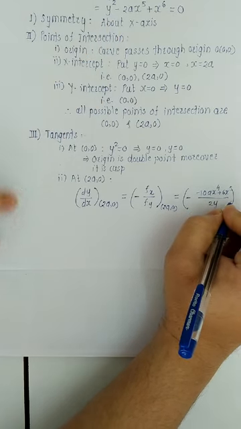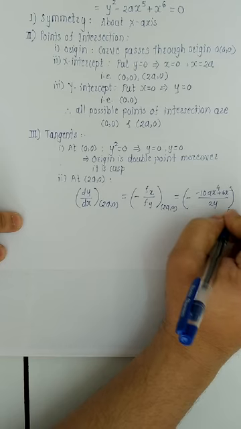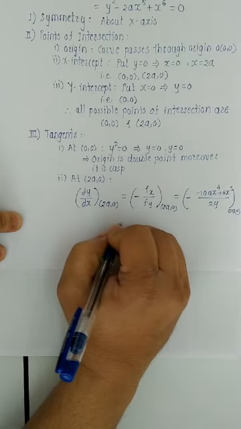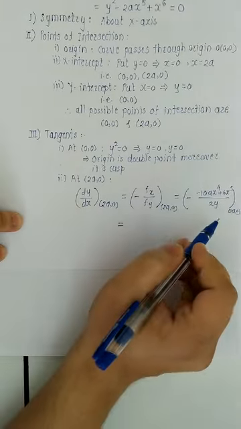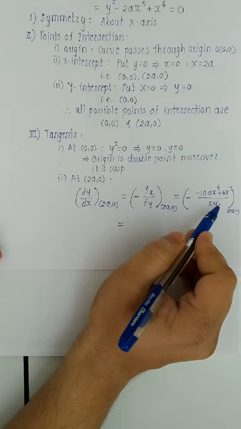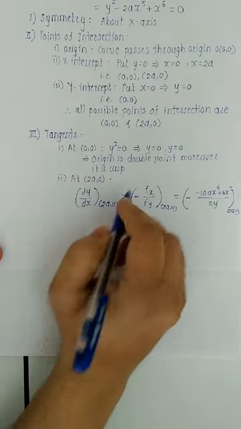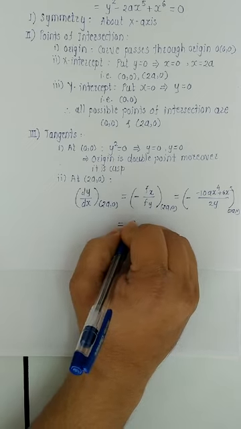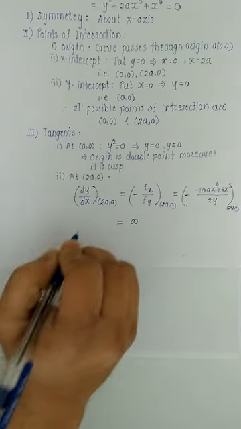When we put the value of x as 2a and y as 0, we get the value of this derivative as infinity.